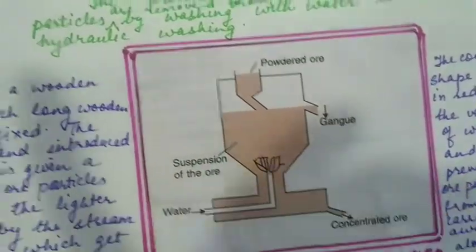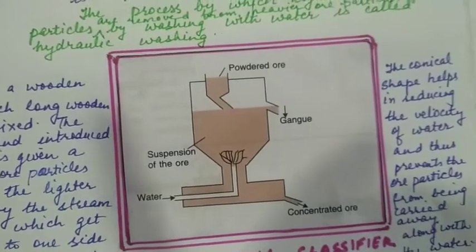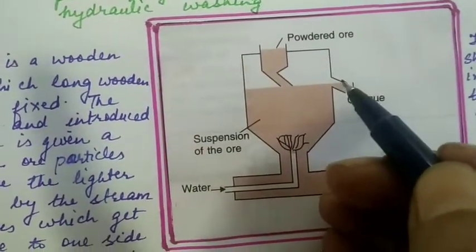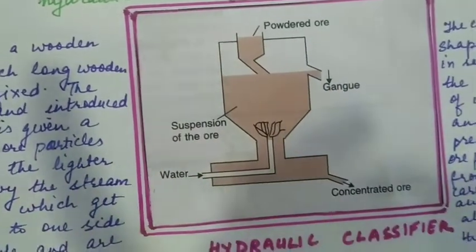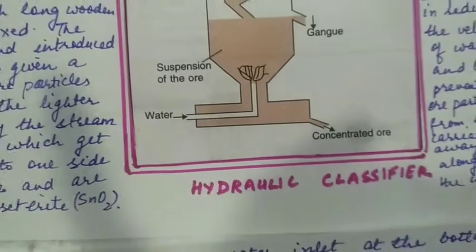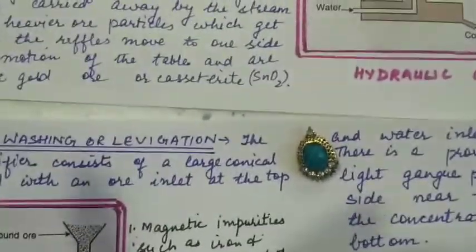There is an outlet for removal of gangue near the right hand side of the top portion of this classifier, and concentrated ore can be removed from an outlet at the bottom.